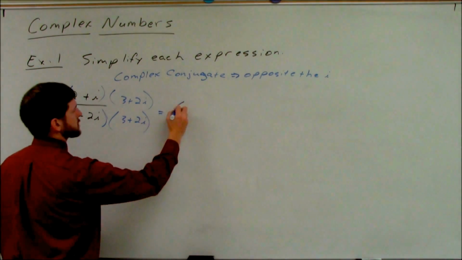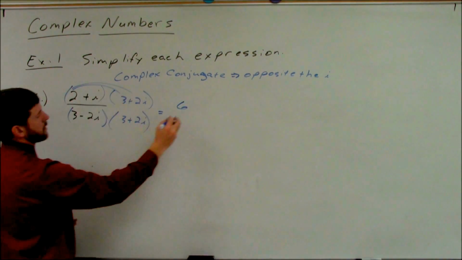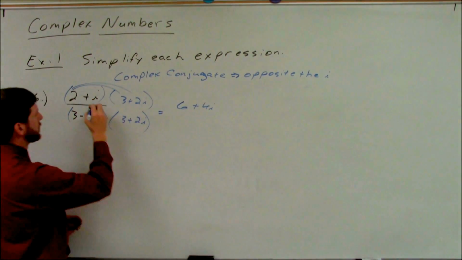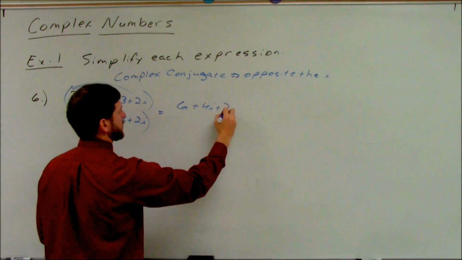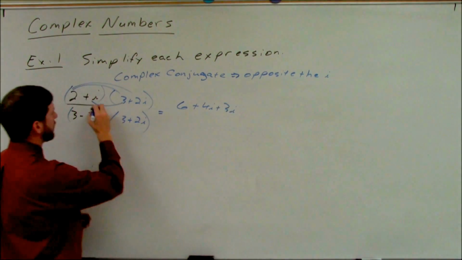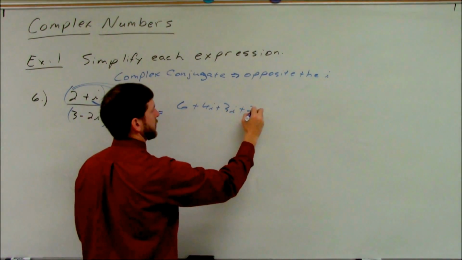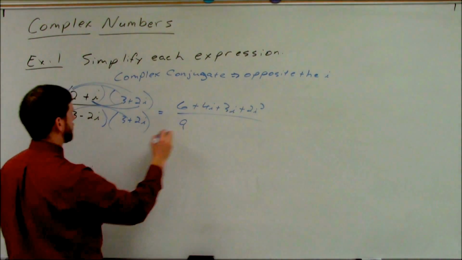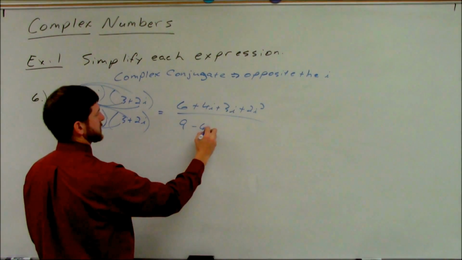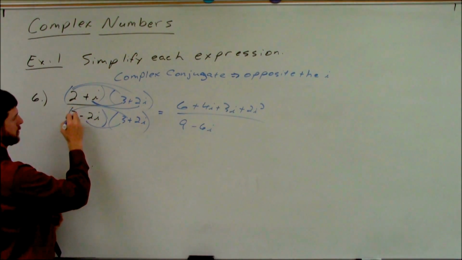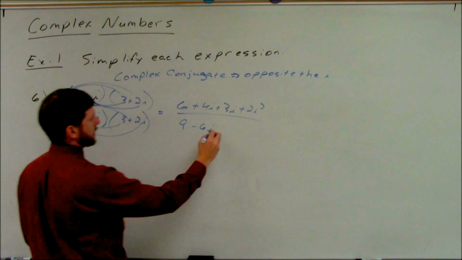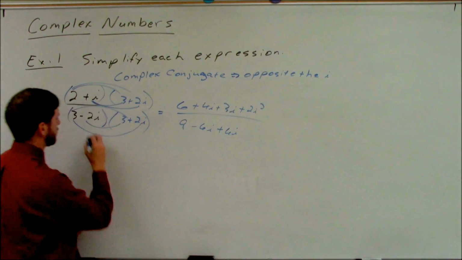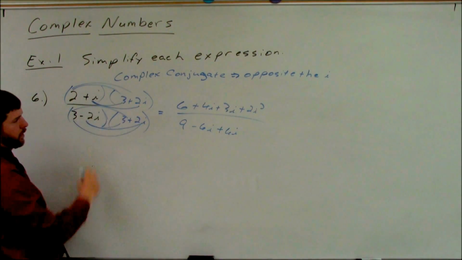2 times 3 is 6, plus 4i, plus 3i, plus 2i squared. Denominator, 9, minus 6i, plus 6i, minus 4i squared.